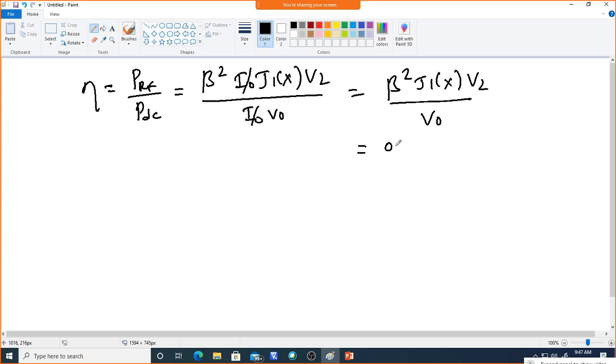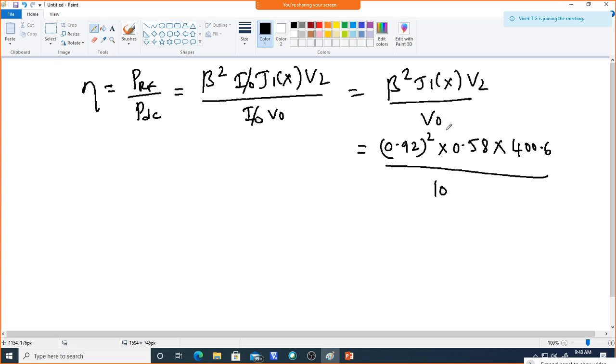This is 0.92 square into 0.58 into V2, which we calculated now, 400.6, divided by V naught, that is 1 kilovolt.